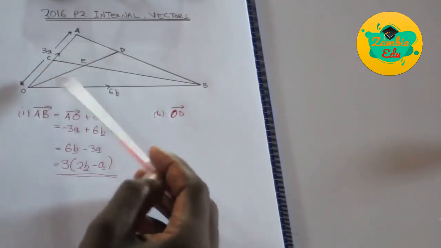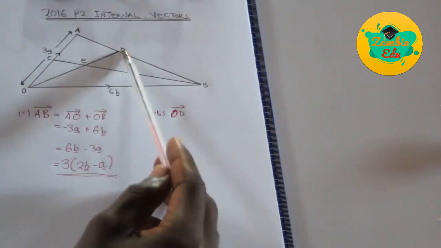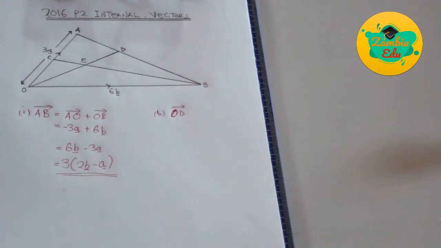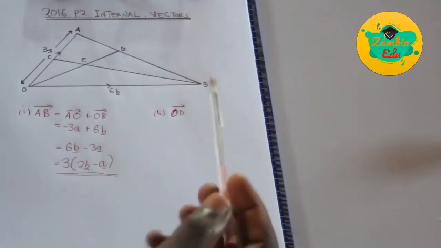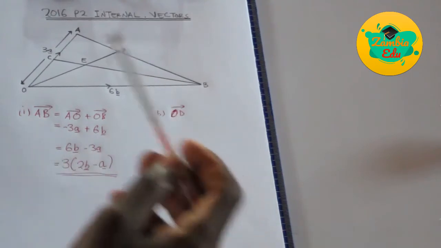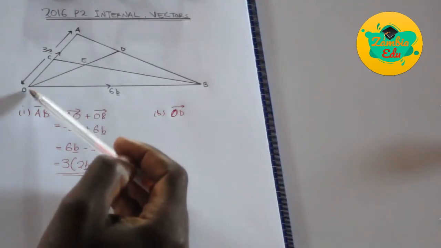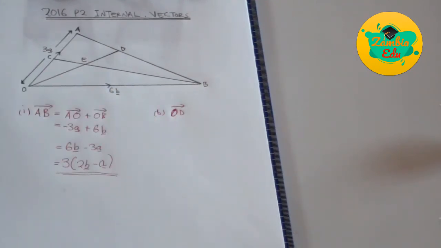O to D is right over there. Which route do we choose to use for us to be able to find vector OD? For OD, we are starting from O ending at D. We can either say O to A, then A to D, or we can say O to B, then B to D. Do we have anything that is going to help us to find OD?